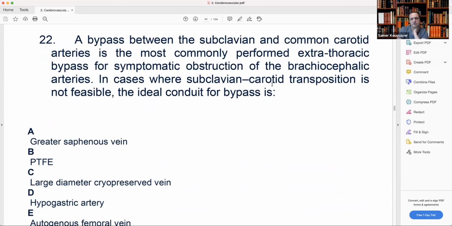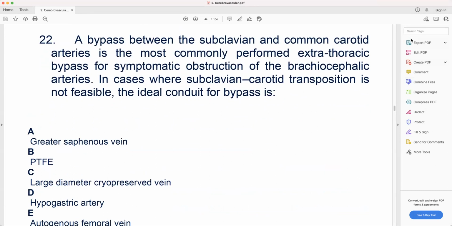Question 22. Let's see what they said. A bypass between the subclavian and common carotid arteries is the most commonly performed extrathoracic bypass for symptomatic obstruction of the brachiocephalic arteries. In cases where subclavian carotid transposition is not feasible, the ideal conduit for bypass is?